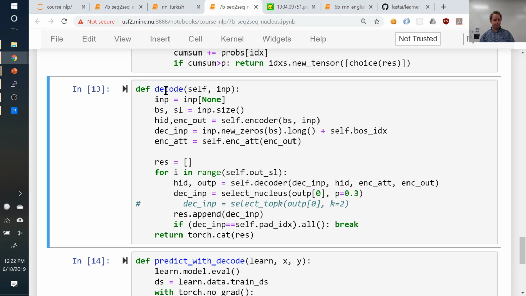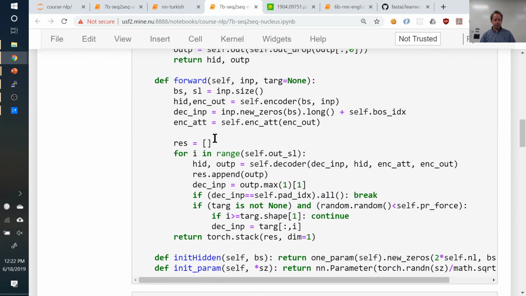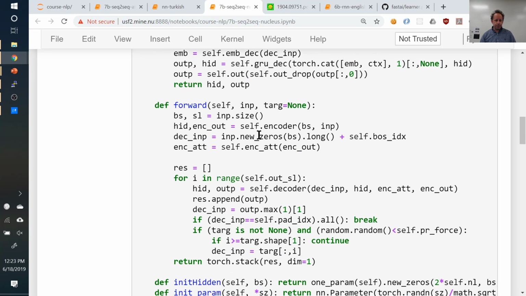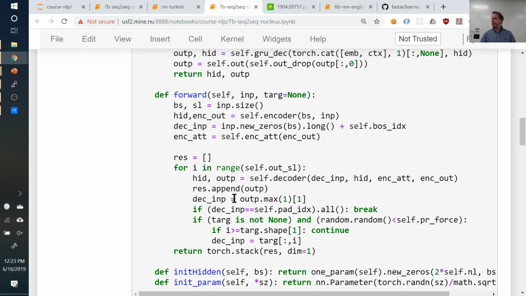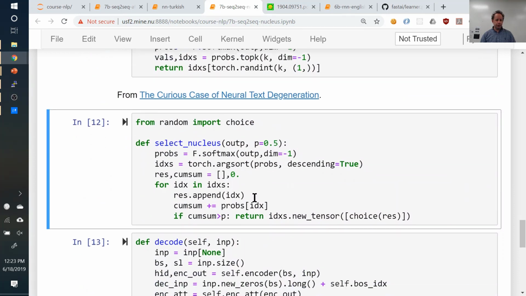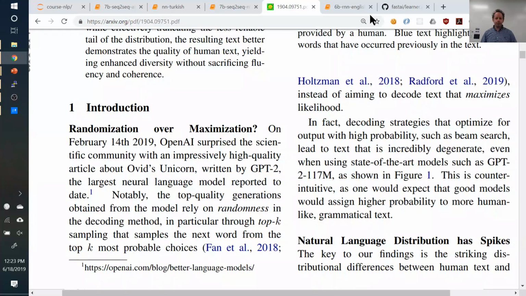And then in the decoder, I replaced the line that says dot max with a line that says select top K. Okay, so that would give us top K sampling, which would be the same as GPT-2, and which is not bad.